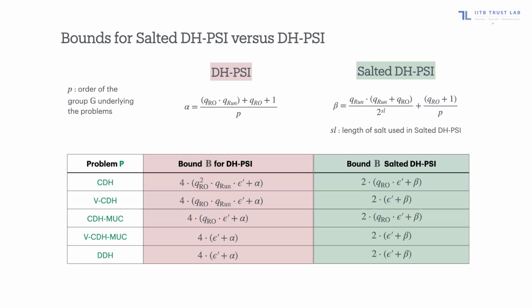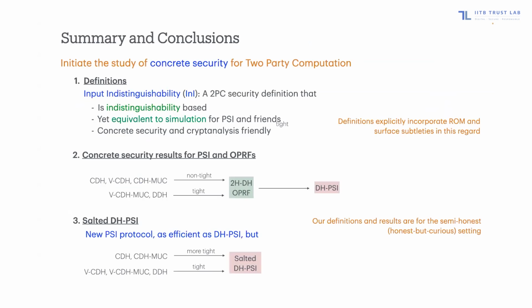And yeah, so with that, I come to the end of this talk. To summarize, in this work, we initiate the study of concrete security of two-party computation by giving an indistinguishability-based definition, which we show is equivalent to the simulation-based definition for advanced functionalities.